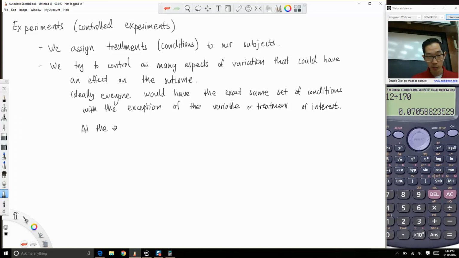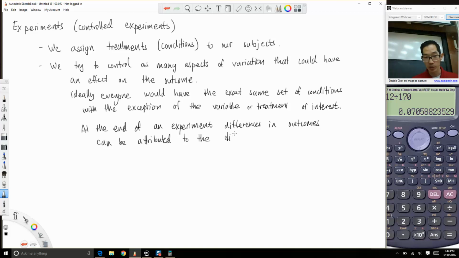At the end of an experiment, differences in outcome can be attributed to the differences between treatments, because all other conditions were made identical.